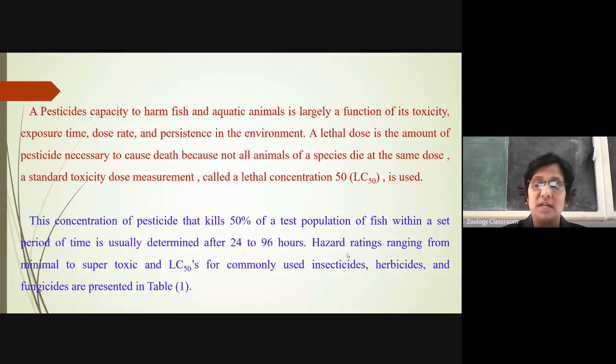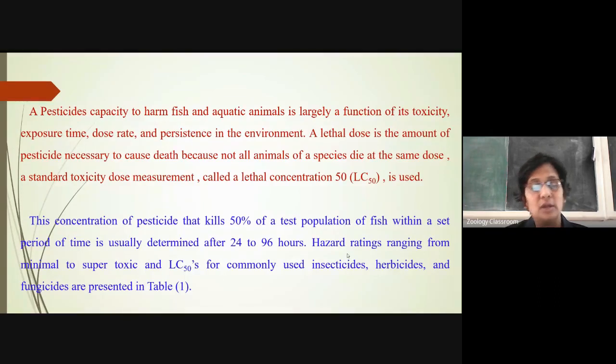Okay, so the concentration of the pesticide that kills 50% of a test population of fish within a set period of time is usually determined after 24 to 96 hours. Okay, so hazard ratings range from minimal to super toxic, and there are LC50s for commonly used insecticides and fungicides.